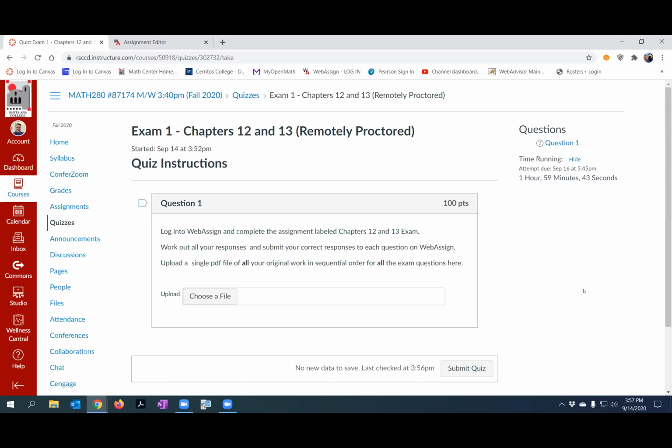Again, half the points will come off of did you do the work correctly, and half of them are going to be did you input it correctly. There's only 10 questions here. I've used this same structure for last semester. I teach 280 every semester.